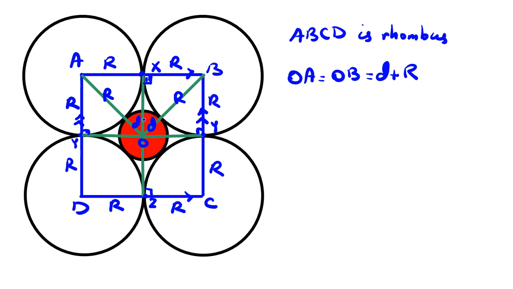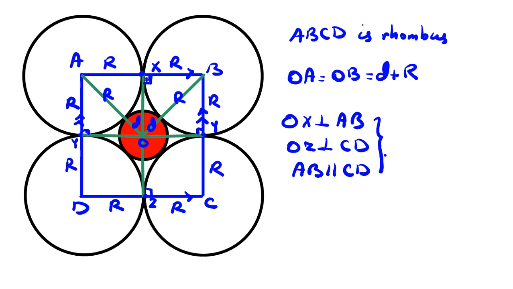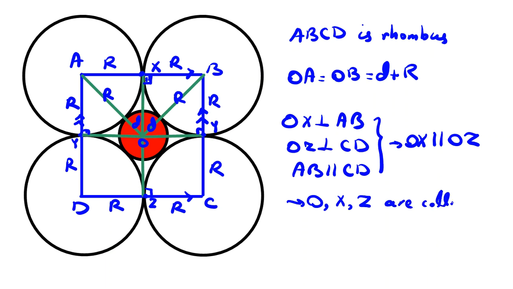Now, we want to prove X, O, and Z are collinear. Why? Because OX is perpendicular to AB, OZ is perpendicular to CD, AB is parallel to CD, so you can conclude OX is also parallel to OZ. Because OX and OZ have common points, we can conclude X, O, and Z is one line, or collinear.